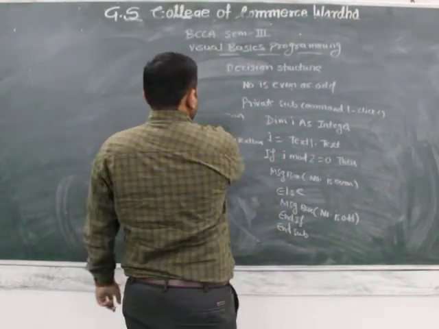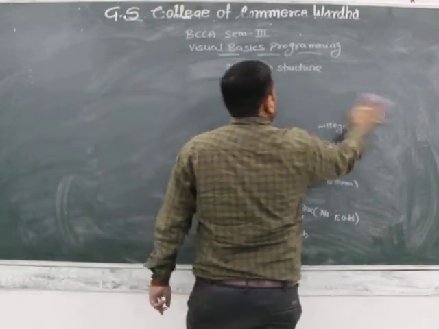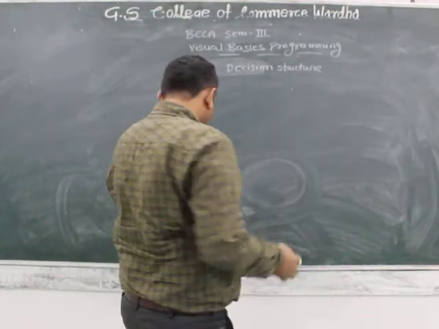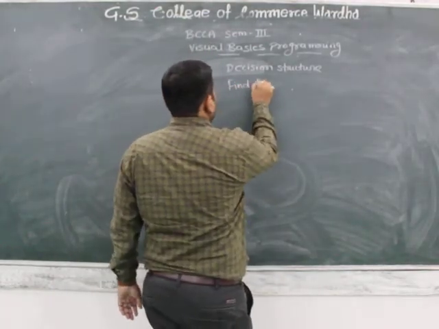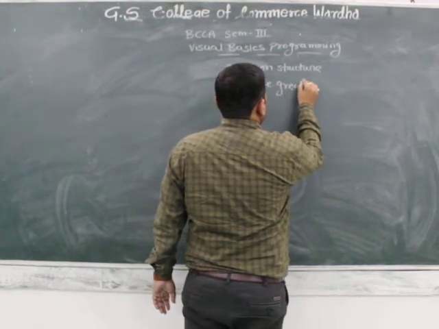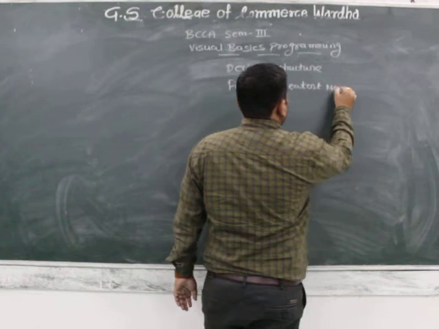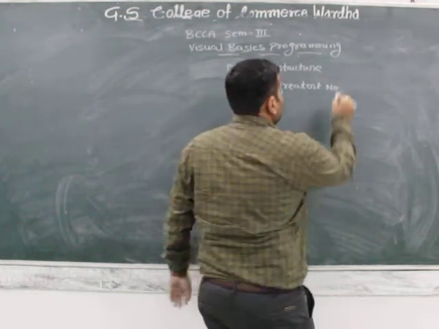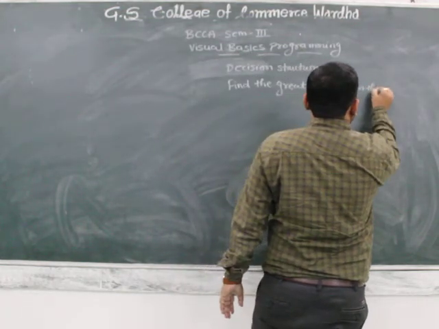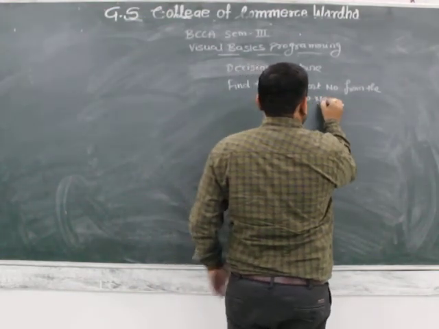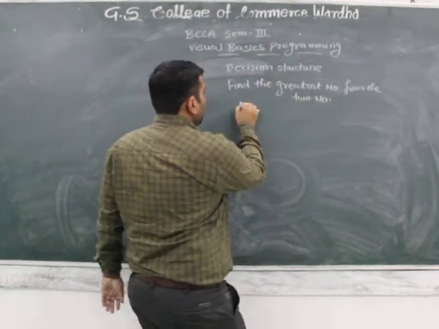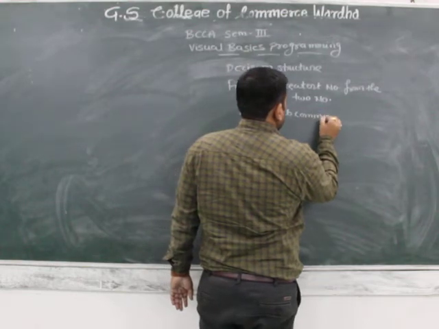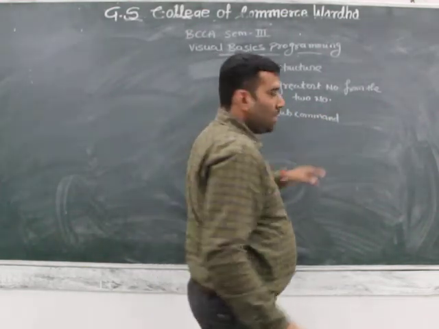The next program is to find the greatest number from two numbers. Write the program: private sub command one click.